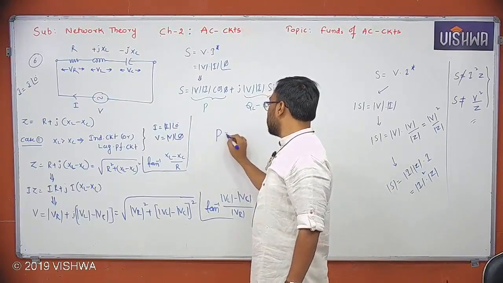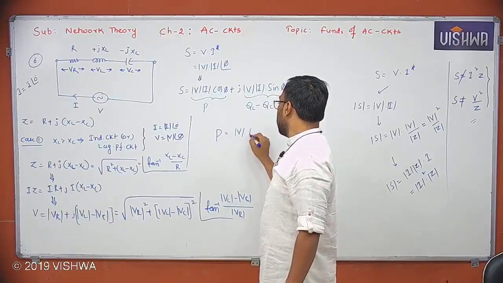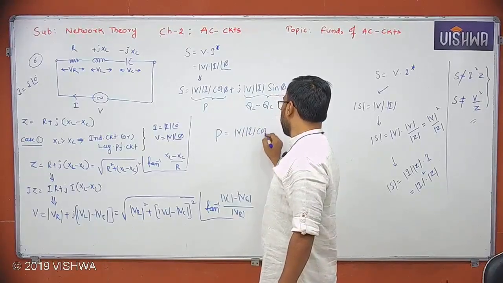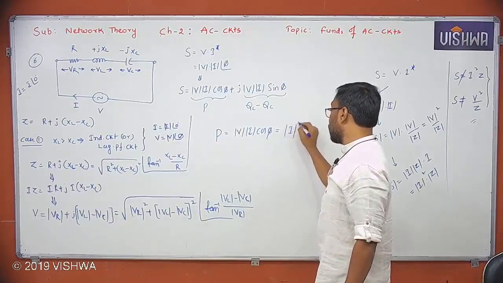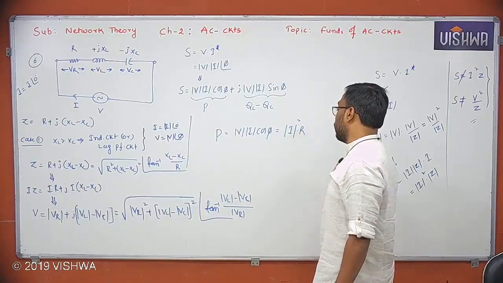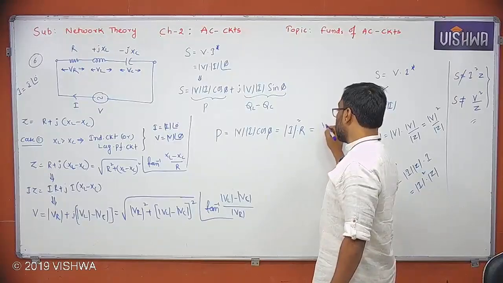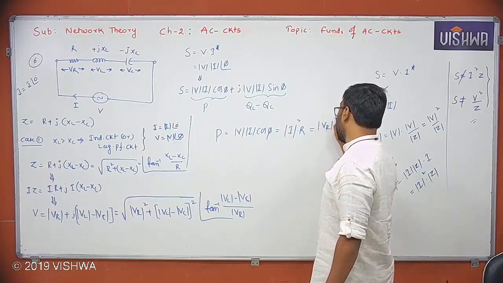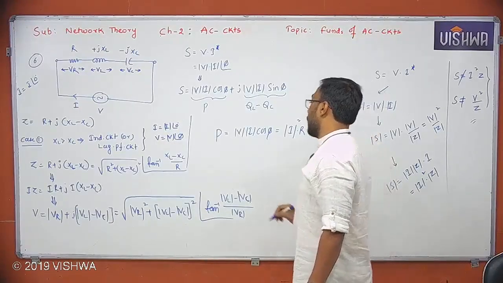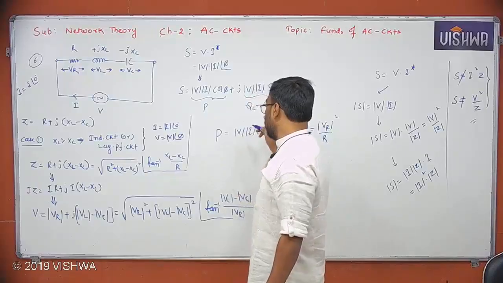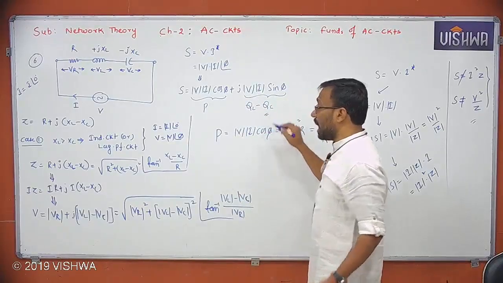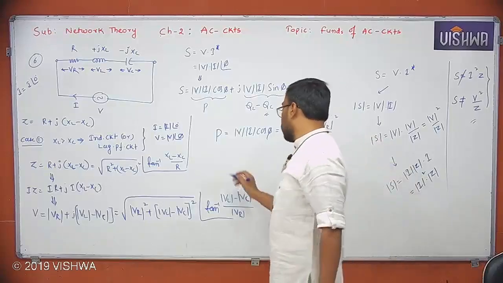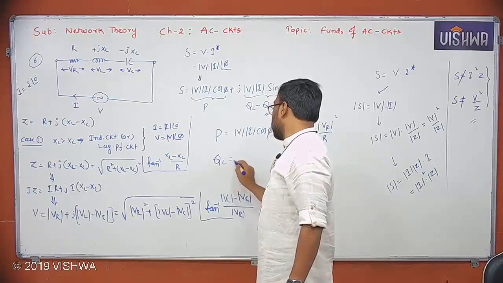So what is P actually here? P can be written as VI cos phi, or else IR square R. Here I and IR both are same. Or VR square by R. Always remember the formulas like this. QL minus QC is known actually here. The resulting reactive power is known, but I want individual reactive powers. So what is QL?